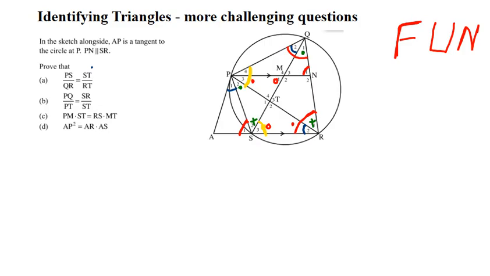So let's go ahead then and prove that these two triangles are similar. I have a slow computer today for some weird reason that I don't understand. Okay, so we have tried top-bottom. We have identified triangle PST, and we have also identified triangle QRT.